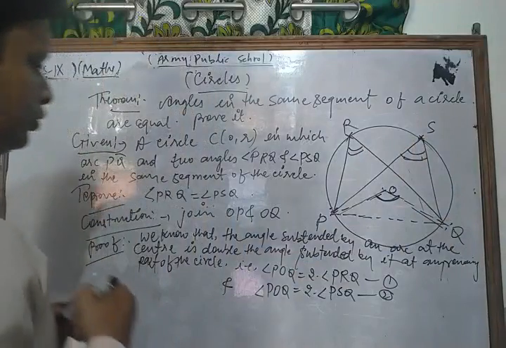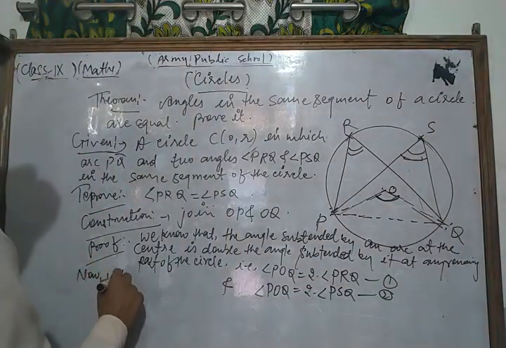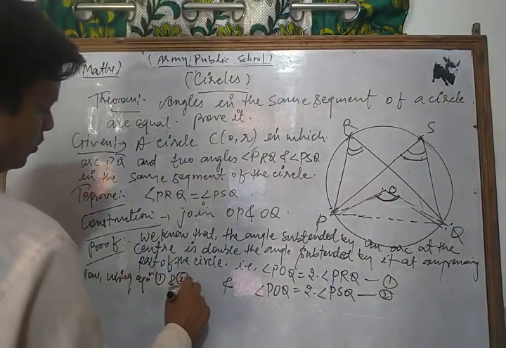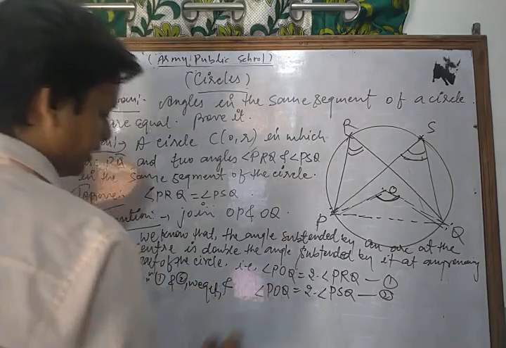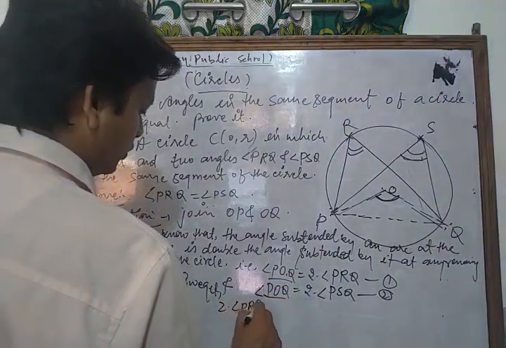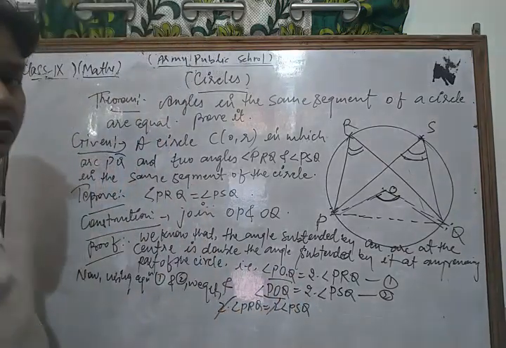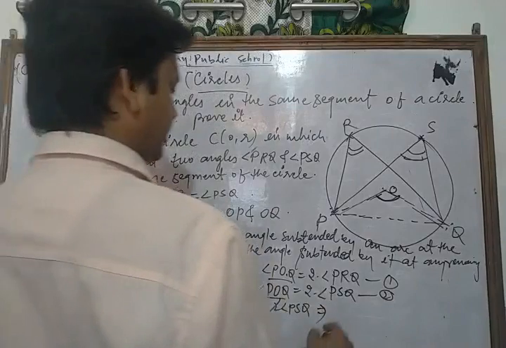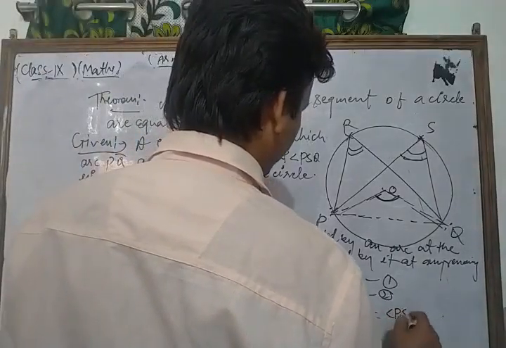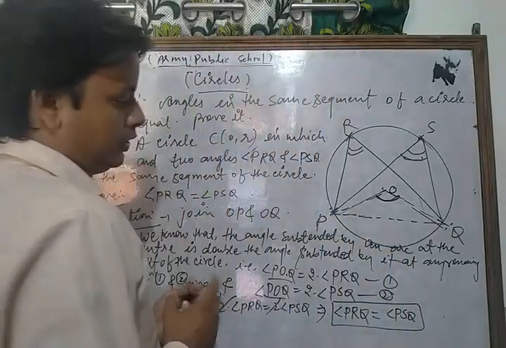Now using equations 1 and 2, we get that both are equal to POQ, so 2 times angle PRQ is equal to 2 times angle PSQ. The 2s cancel each other, so we have angle PRQ equal to angle PSQ. Hence proved.